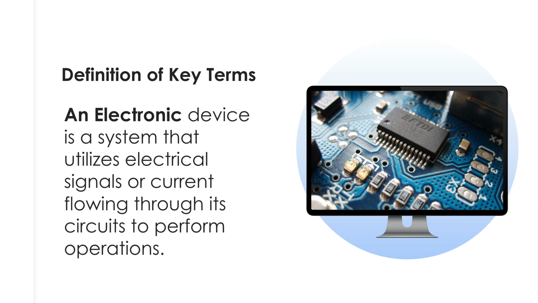So a computer is one example of an electronic device. So is a calculator, a radio, and a digital watch. Not every electronic device is a computer, but every computer is an electronic device.